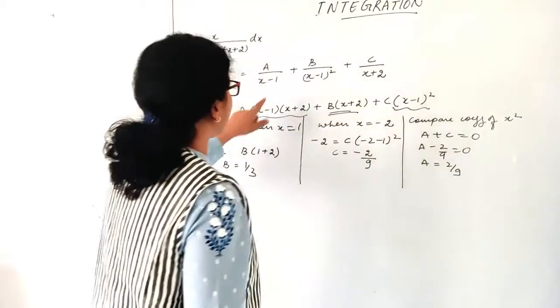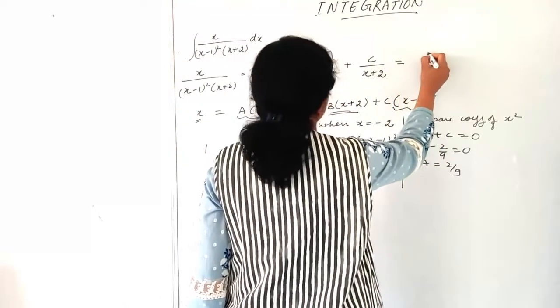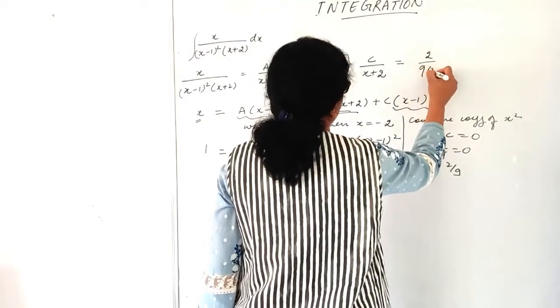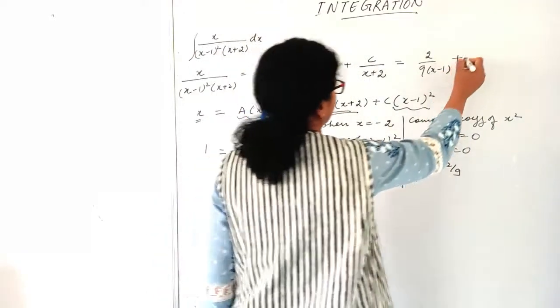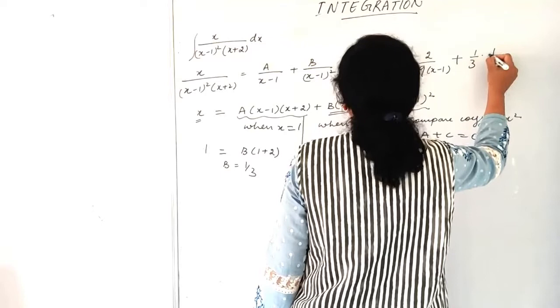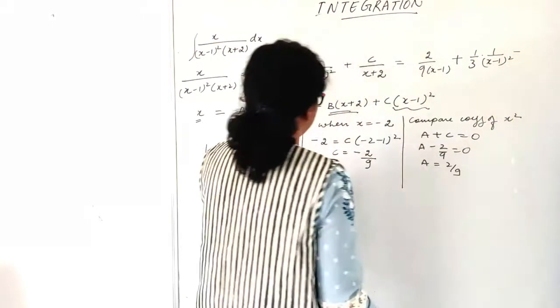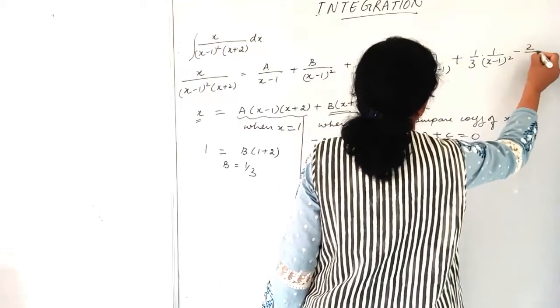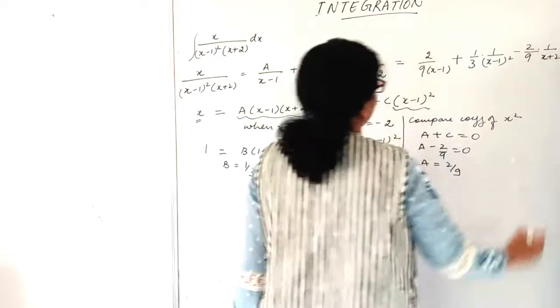Okay. Now I can rewrite my integrand from here. So what is the value here? It can be written as 2 by 9 times 1 upon x minus 1, plus the value of b is 1 by 3 times 1 upon (x minus 1) whole square, and the value of c is minus 2 by 9. So minus 2 by 9 times 1 upon x plus 2. Correct?